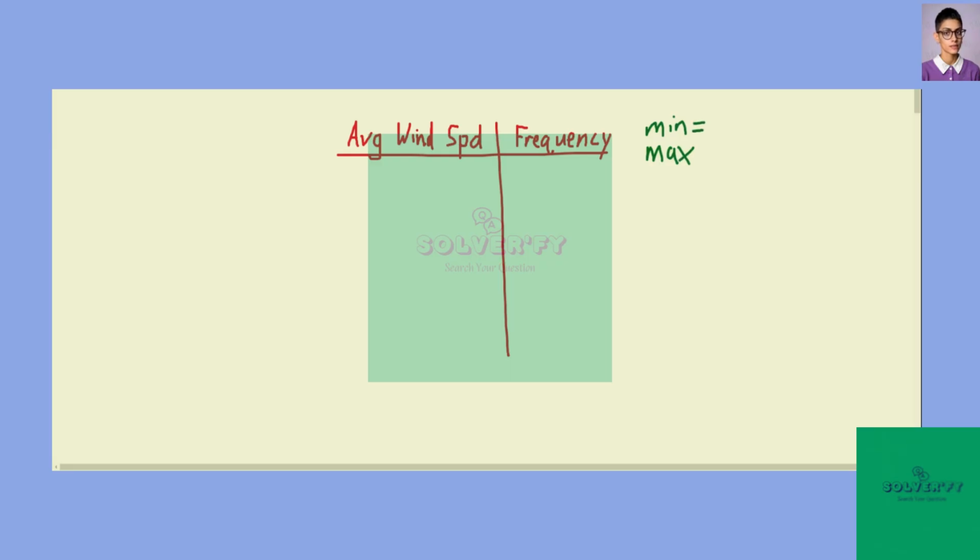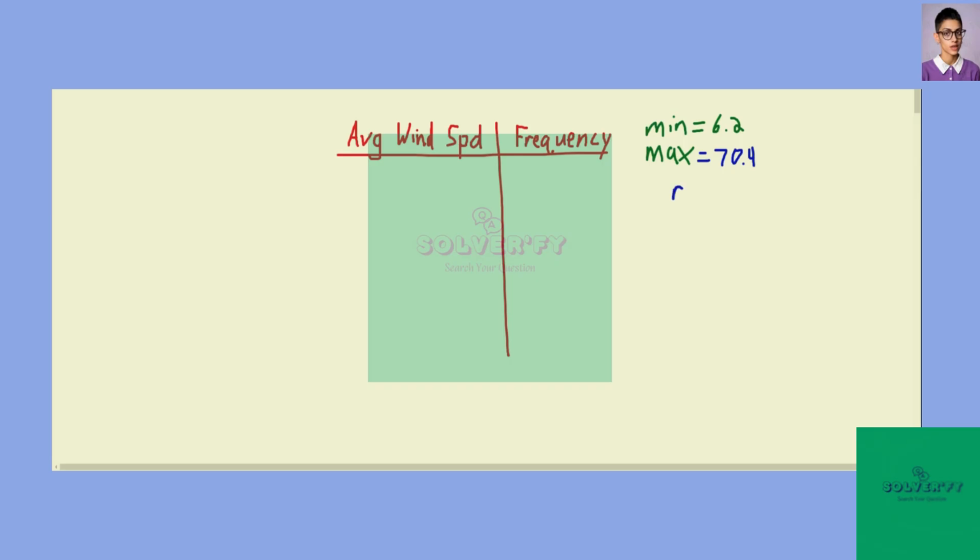Our minimum is 6.2 and our maximum is 70.4, but since that is an outlier, it's going to really mess up our classes if we use that one. So we're going to ignore that data point and use our next highest maximum. However, for now, I'll go ahead and show you what would happen if we did use 70.4.